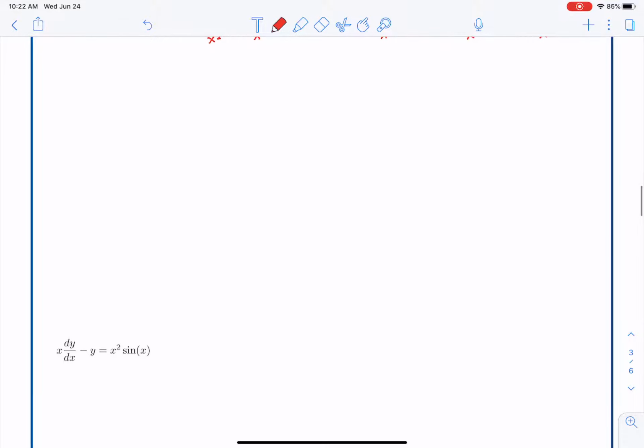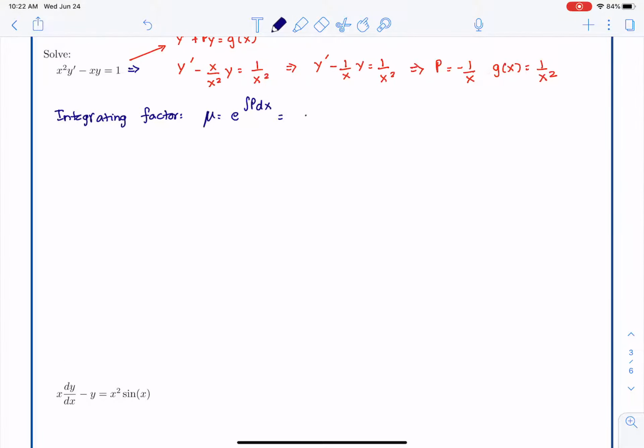The first step now is to find the integrating factor, which is mu, e raised to the integral of p times dx. So we have e raised to the integral of minus 1 over x dx. Bring the negative out: e raised to the integral of dx divided by x. And the integral of dx over x is ln of x.